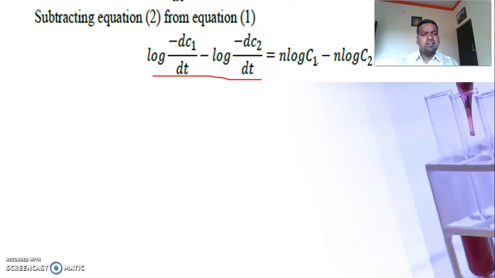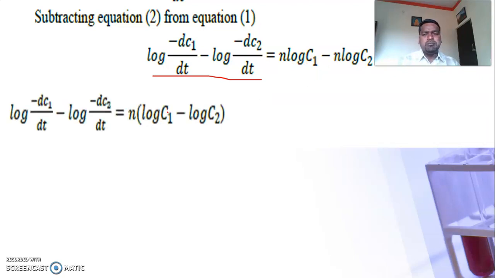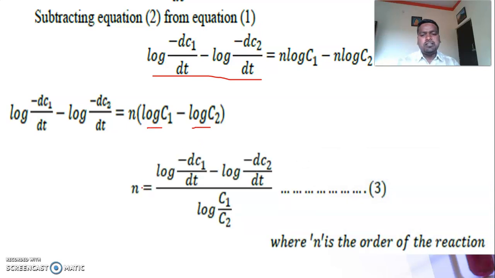For n log C1 minus n log C2, if we take n as a common term, you are going to get n times log C1 minus log C2. Keep n on the LHS and send all the other things to the RHS, then you are going to get n equal to log of minus dC1 by dt minus log of minus dC2 divided by dt, all divided by log of C1 divided by C2.